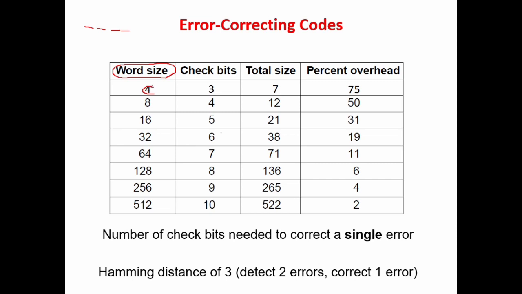How many parity bits do we need to add for error detection or correction? This would be 3. Where does it come from? There is some analysis. They already did that analysis, and now they know that for information with this length, exactly 3 check bits, which are parity bits, need to be added.